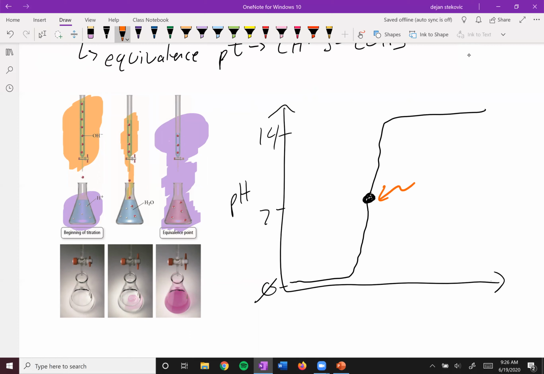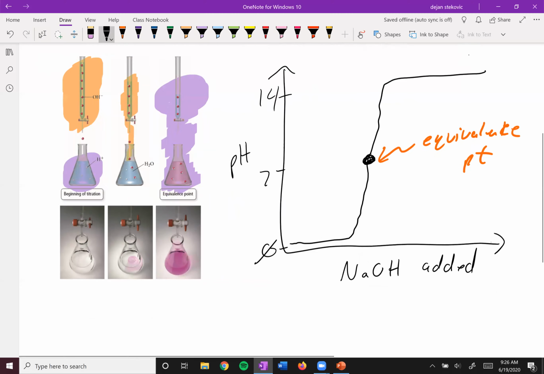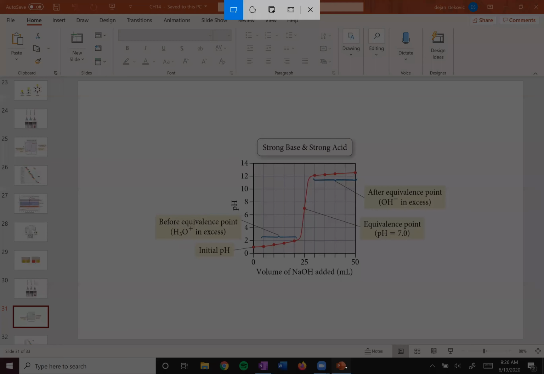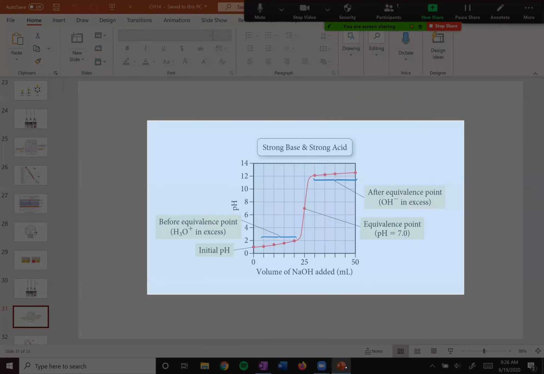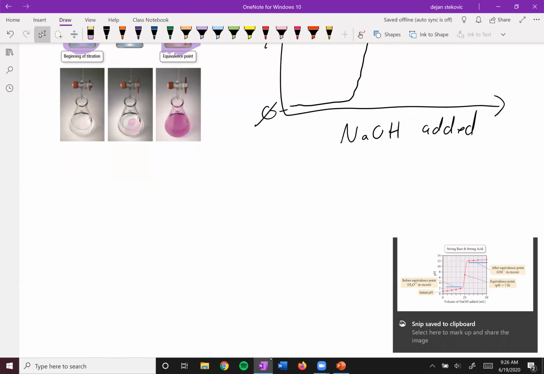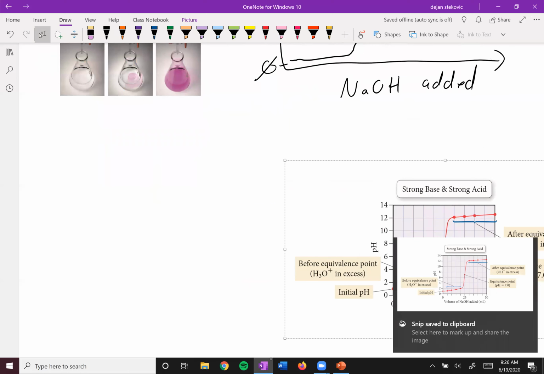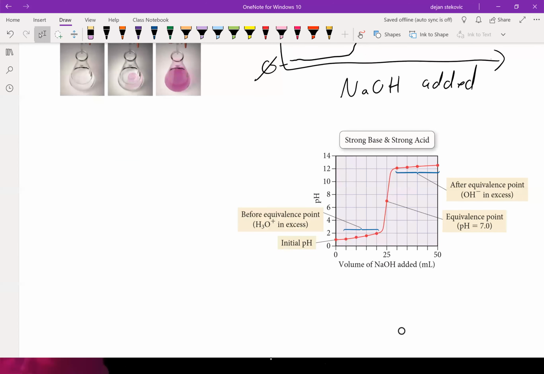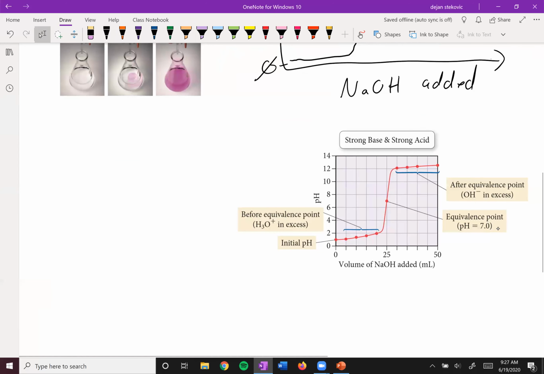And so this is the equivalence point, where the x-axis is the amount of sodium hydroxide added. And here's just the same curve I drew here. Right, so that's a strong base with a strong acid.